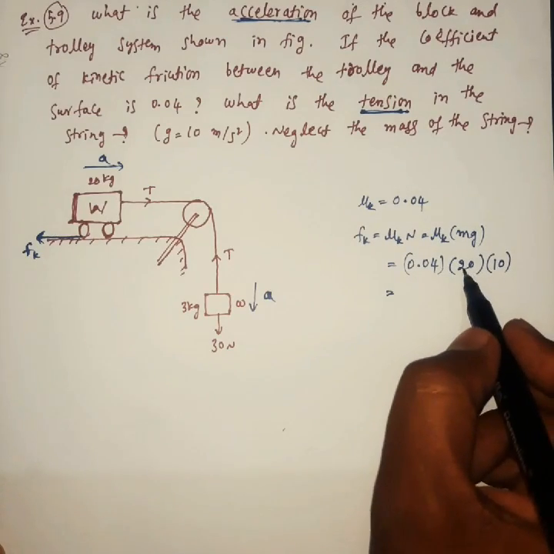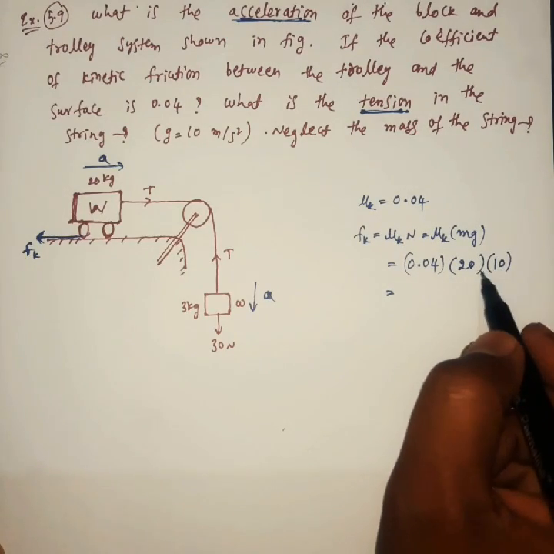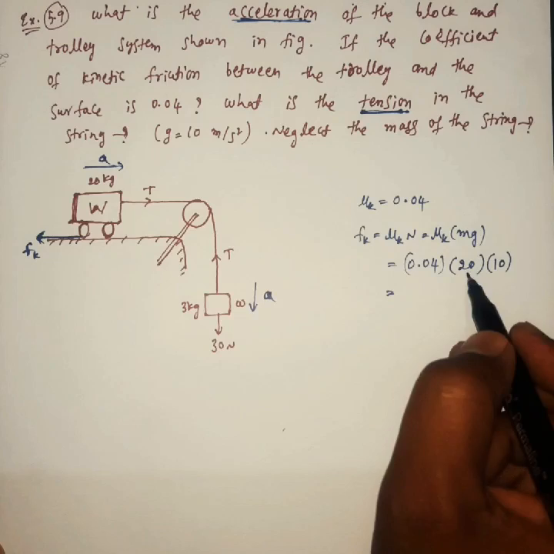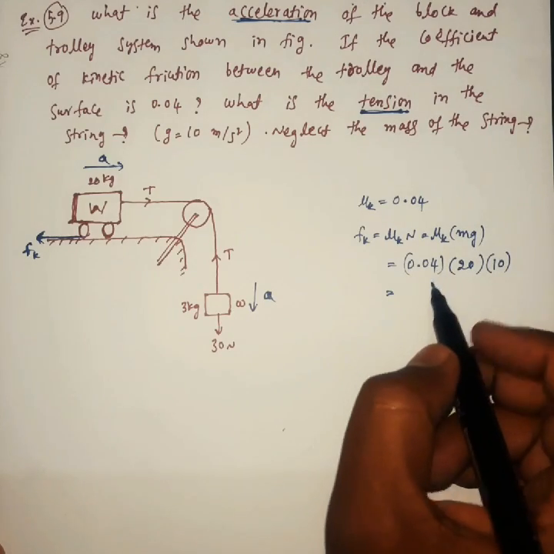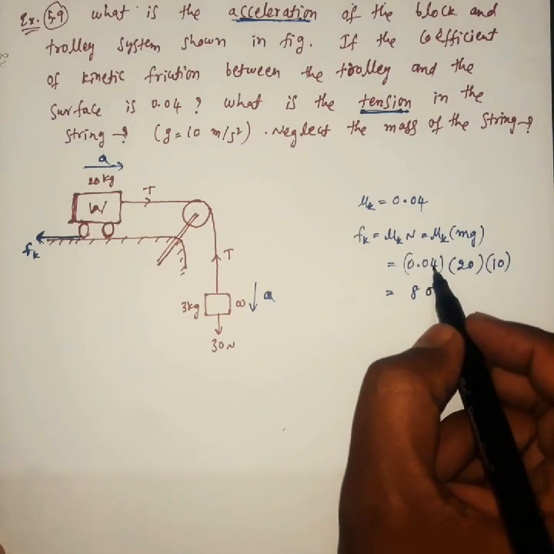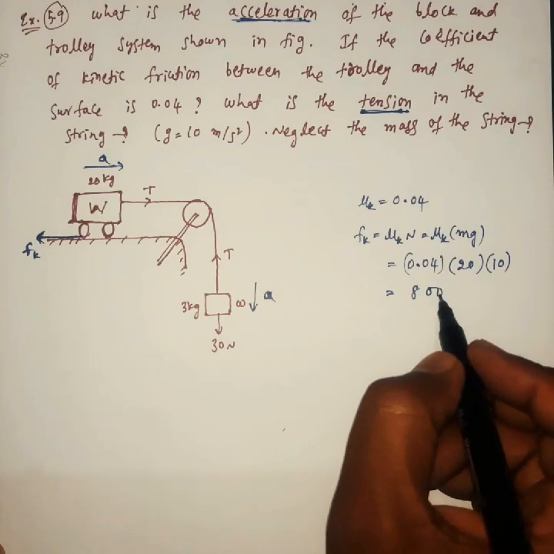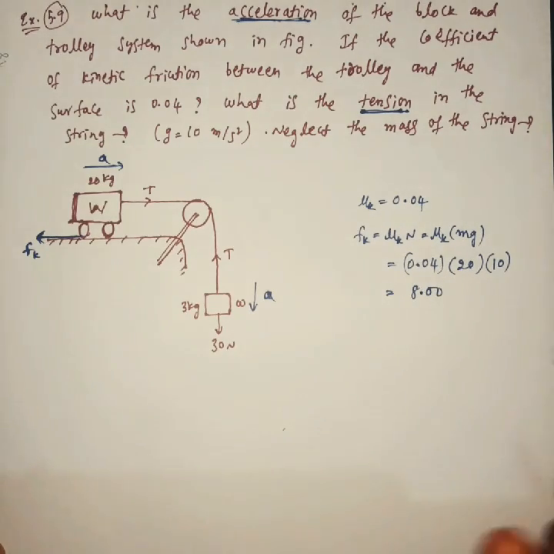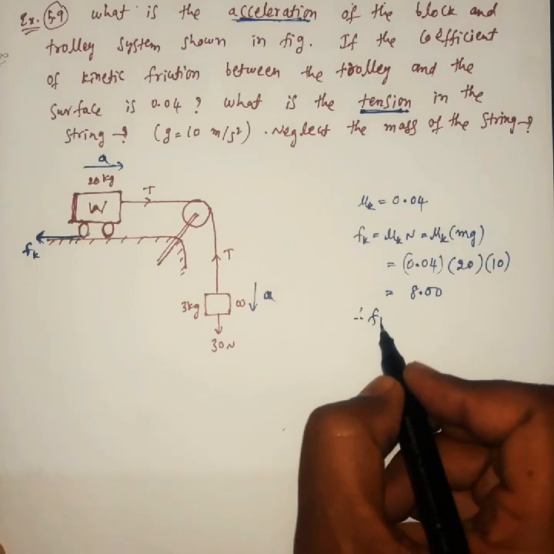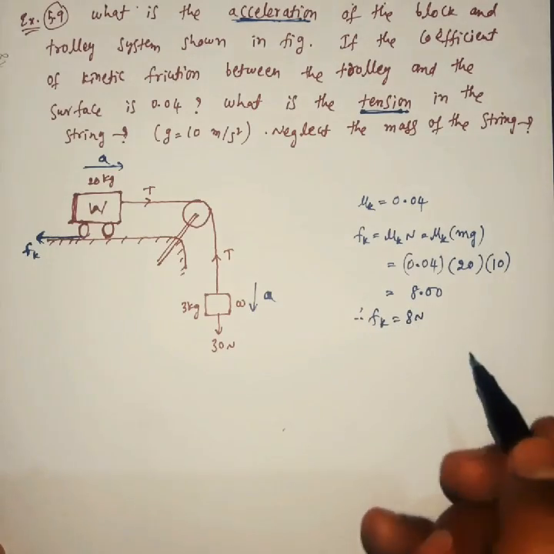So that is 20 into 10, 200. 200 into 4 is 800. So the decimal point moves left by two digits. So therefore Fk is equal to 8 newtons.